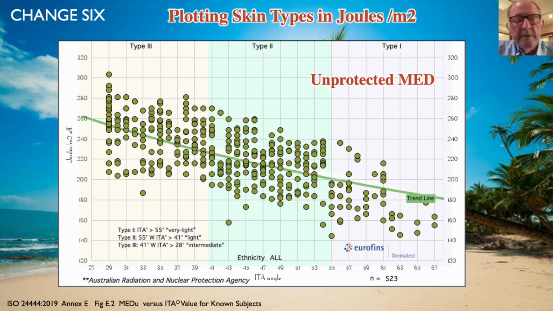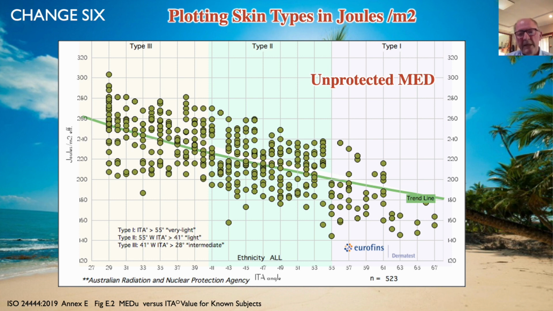This is an example of how it actually all fits together. In this plot, we're showing the impact of that endpoint in joules per metre squared of the unprotected skin when it's exposed, and that's related to the ITA. That's the value we're using as the rating for the colour of the skin. And according to this, there ought to be a trend line according to the skin type.